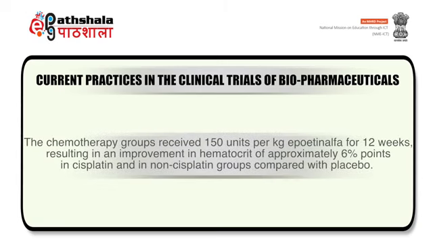The chemotherapy groups received 150 units per kg epoetin alpha for 12 weeks, resulting in an improvement in hematocrit of approximately 6 points in cisplatin and non-cisplatin groups compared with placebo.